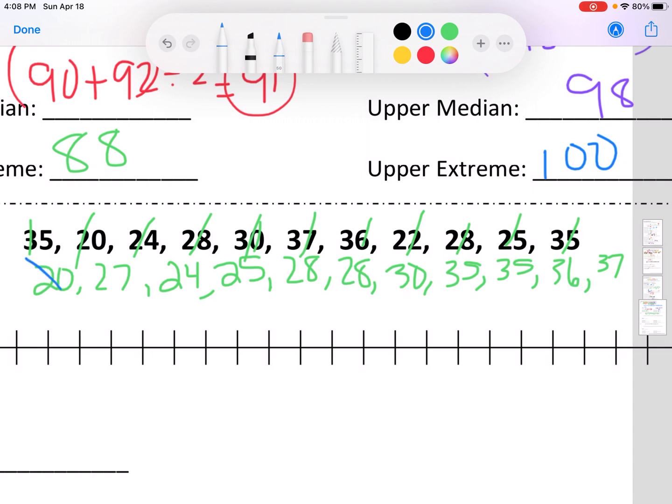Alright, and then I'm going to cross my numbers off to find my median.